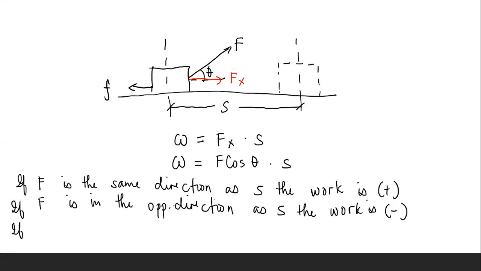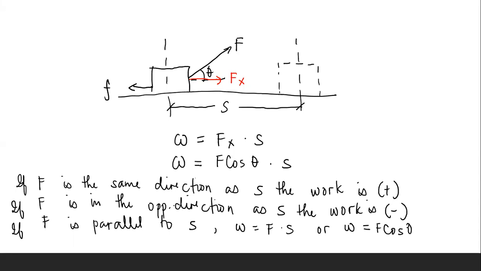If F is parallel to the displacement, the work is equal to F times S, or work is equal to F cosine theta times S. If the force is perpendicular to the displacement, the work is equal to 0.